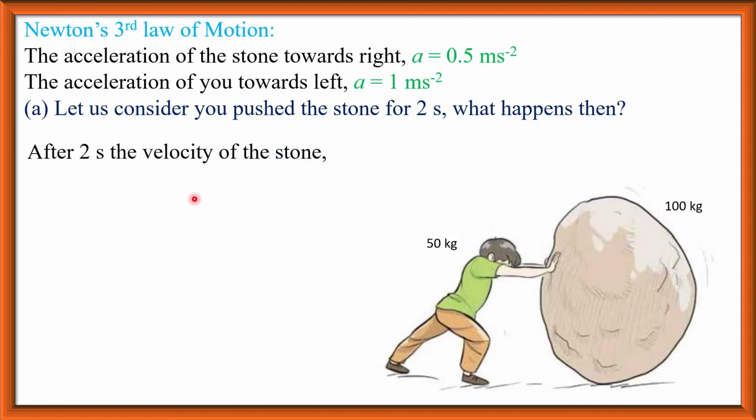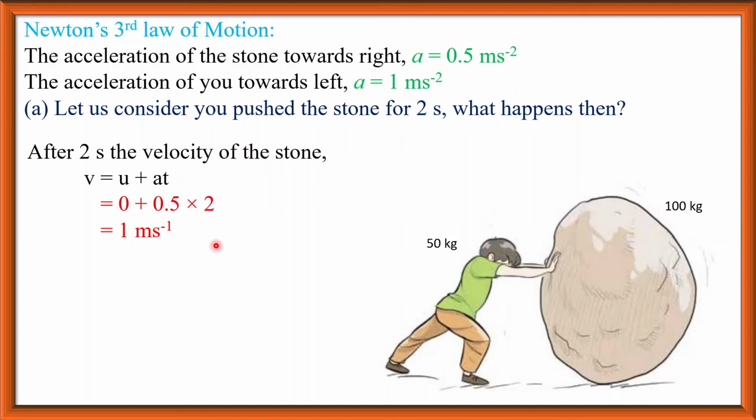After 2 seconds, the velocity of the stone v = u + at. We know acceleration of the stone is 0.5 meter per second square, and u is the initial velocity of the stone, and the stone is at rest, so u = 0. Therefore 0 + 0.5 times t, and t means 2 seconds here, so this is 1 meter per second.